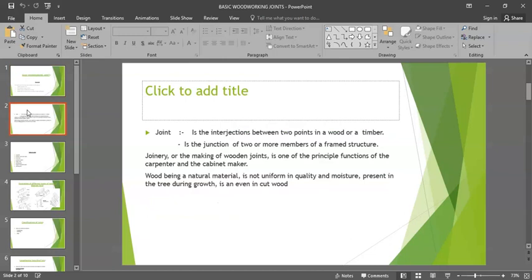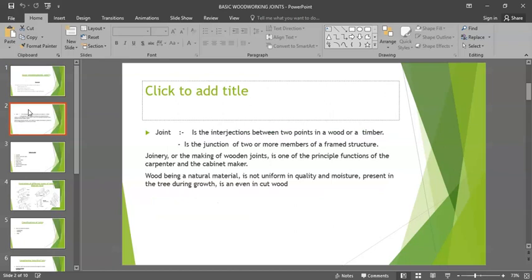So we want to define the term joint. A joint is the junction between two points in a wood or timber. Another definition is that a joint is the junction of two or more members of a framed structure.